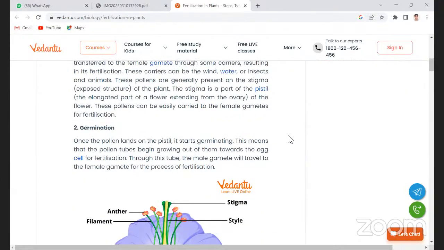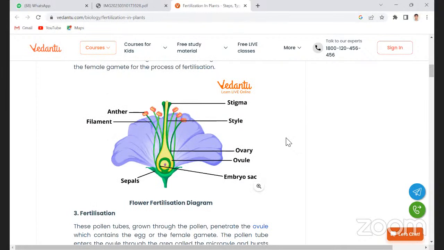This is the germination, and chemically it consists of sugars, lipids, amino acids, and phenolic compounds, right?